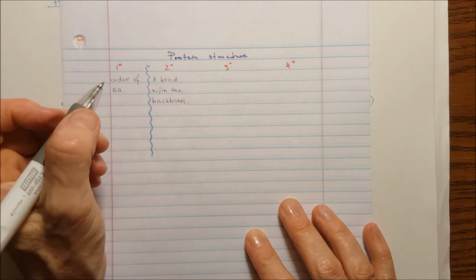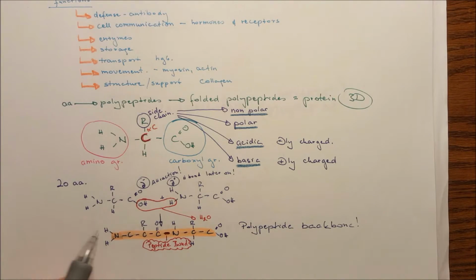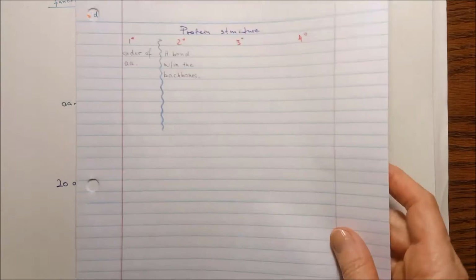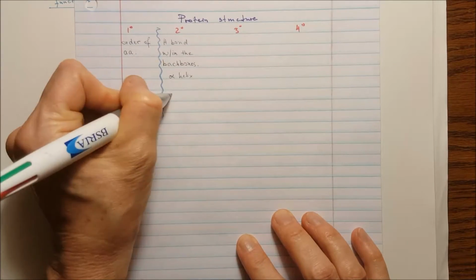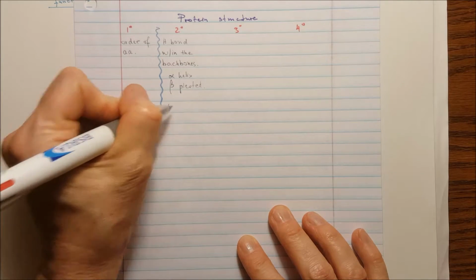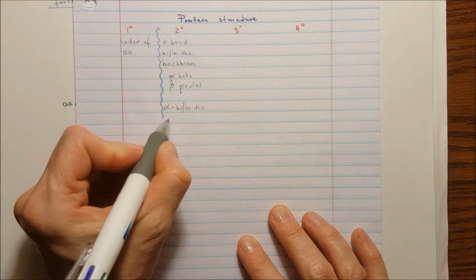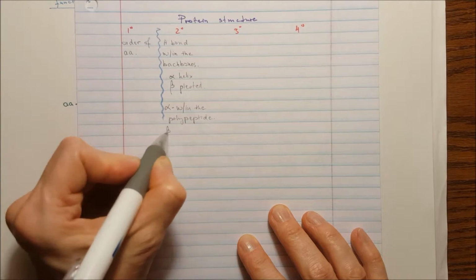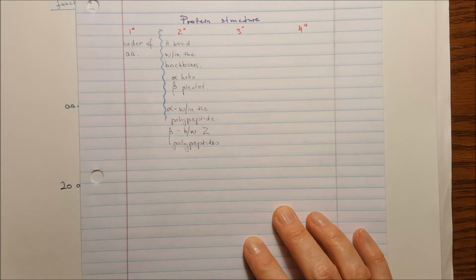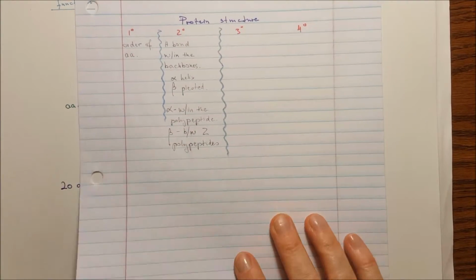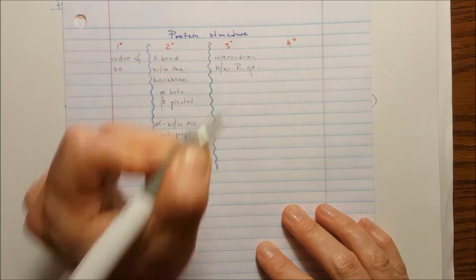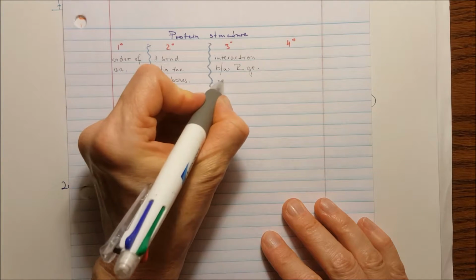Remember, when oxygen is partially negative and the hydrogen is partially positive in the polypeptide, they are going to bind together through hydrogen bonds. They can form an alpha helix if we are in one polypeptide, a helical structure, and a beta pleated sheet will form between two polypeptides next to each other.